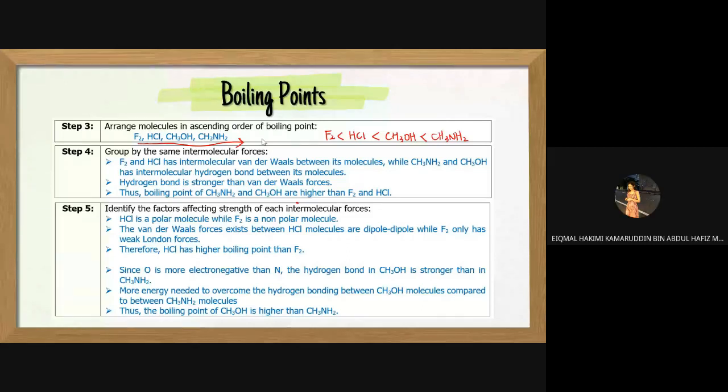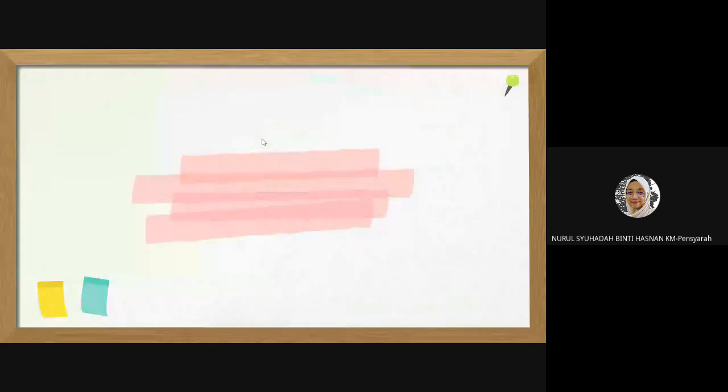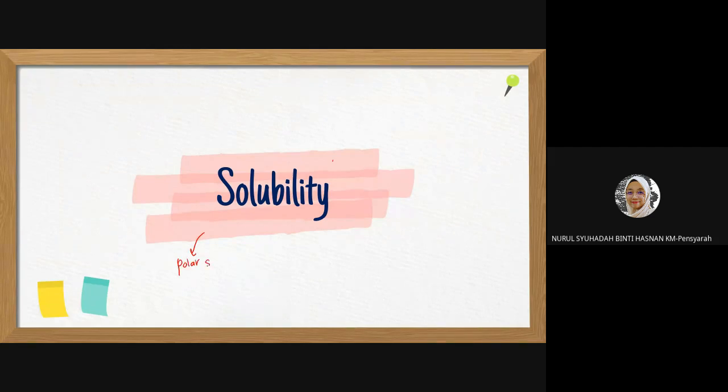Clear, madam. Okay. So kita pergi dengan cepat sikit lagi. So the next one we're going to look on solubility. Untuk solubility, we have two types of solubility. Sama ada dia adalah soluble in water, soluble in polar solvent, ataupun satu lagi kita kata solubility in non-polar solvent.